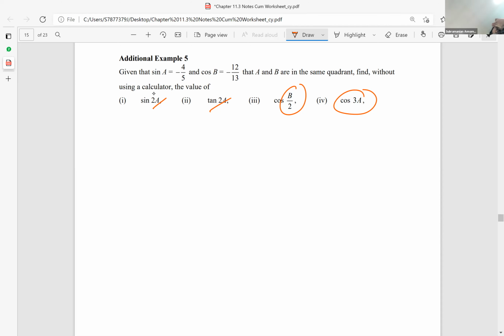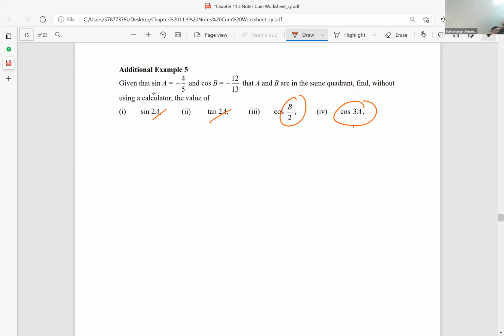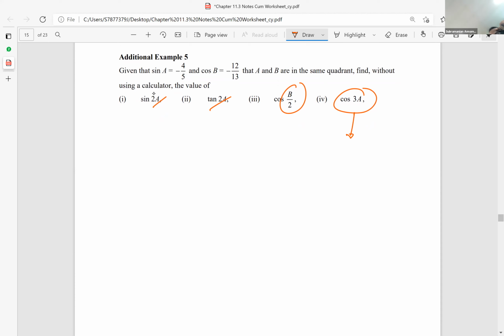What do you think, or how do you think I can proceed? This is easier, I think so. Any idea how to solve this? You don't see the usual 2a, right? So this is 3a. So how? Anyone?